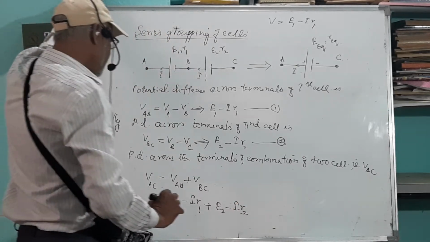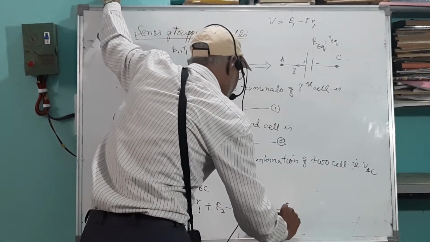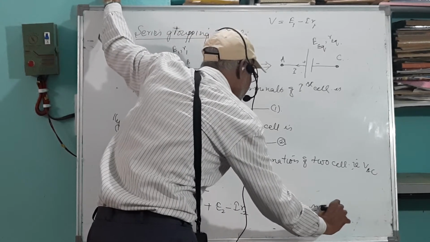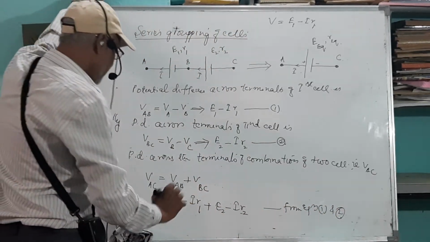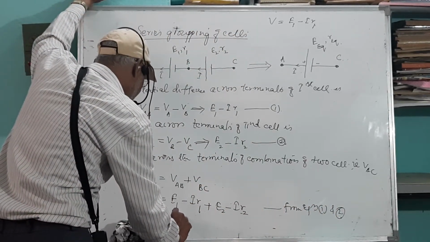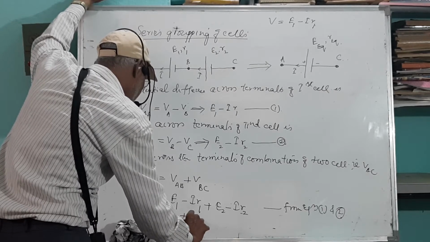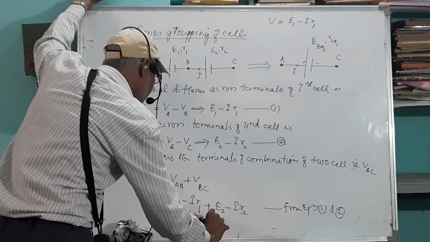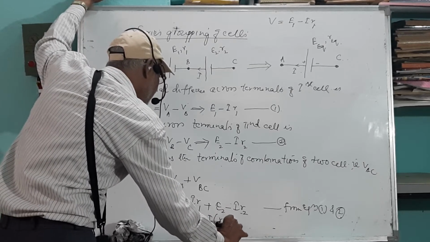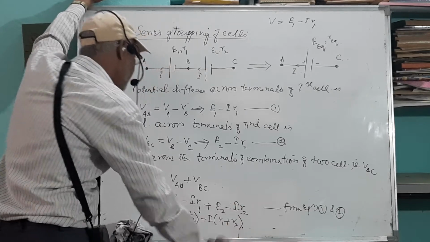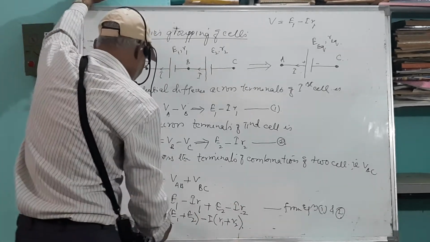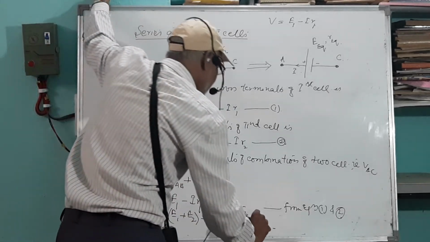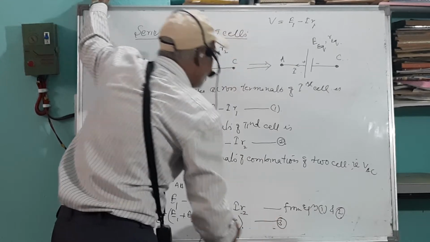So from equations 1 and 2, on separating variables, we get E1 plus E2 minus I times R1 plus R2. So you can write it as VAC. This we can call equation 3.